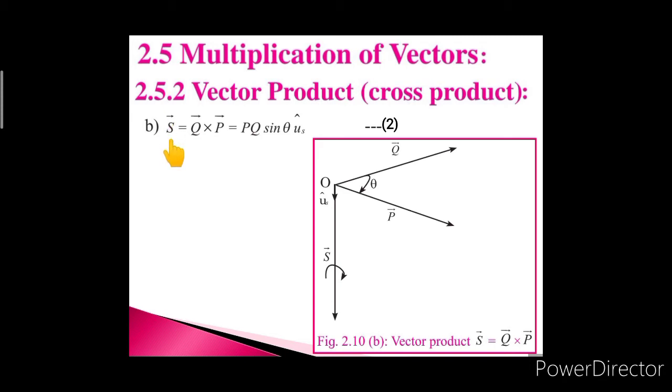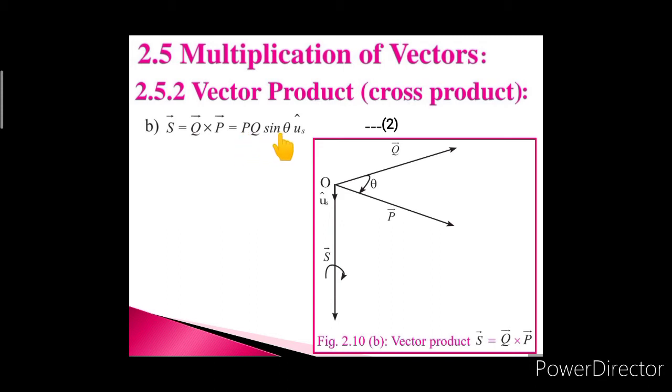So, this vector S has magnitude as well as direction. The magnitude is given as PQ sin theta, where P and Q are the magnitudes of vector P and vector Q, and theta is the smaller angle between these two vectors.